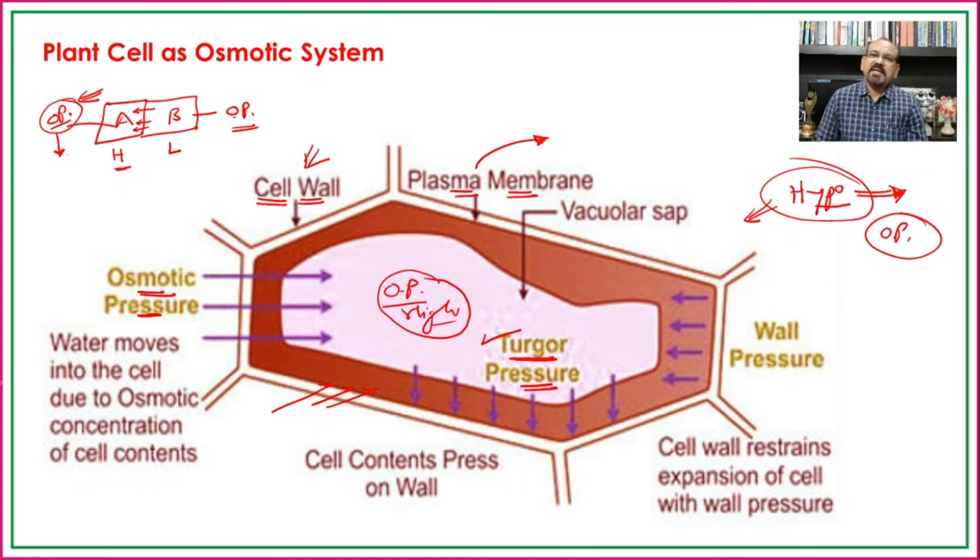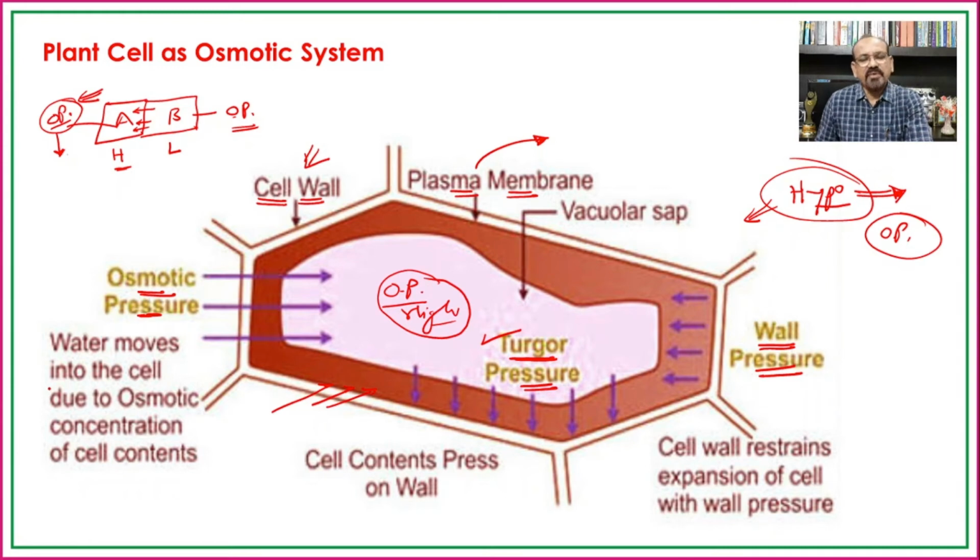But at the same time, when the plasma membrane creates pressure on the cell wall, the cell wall also creates pressure on the plasma membrane, and this pressure created by the cell wall is known as the wall pressure.